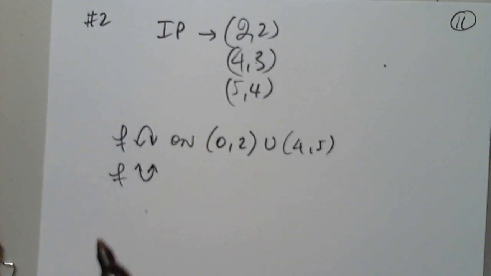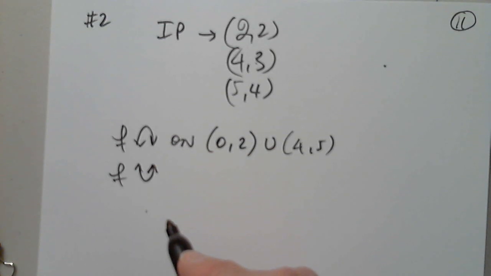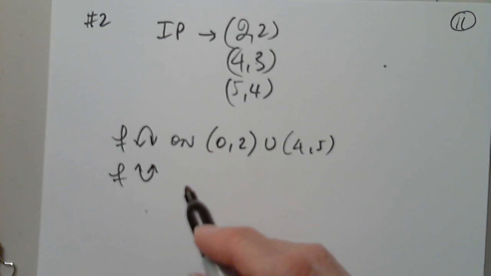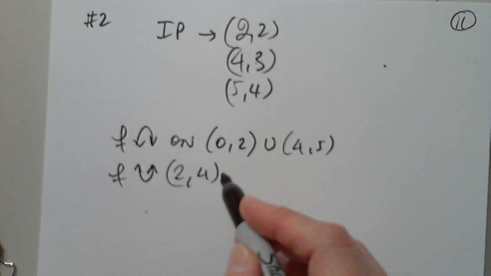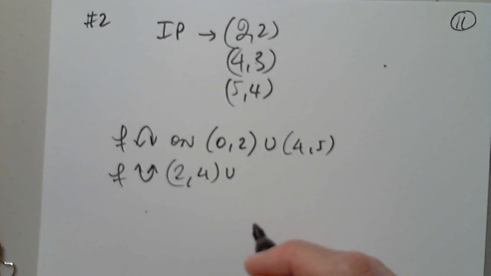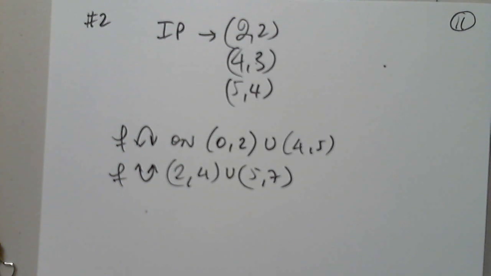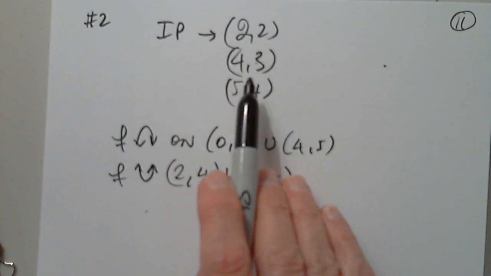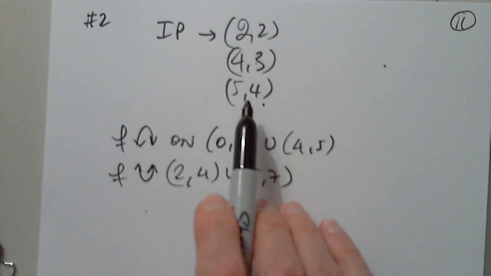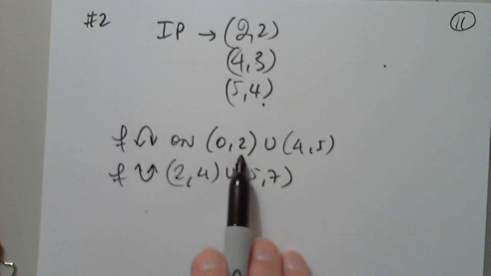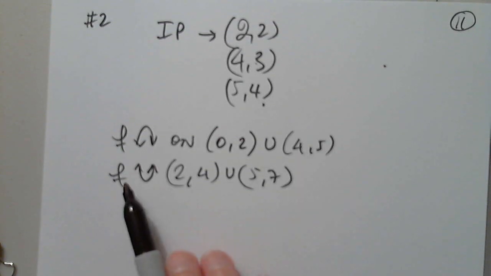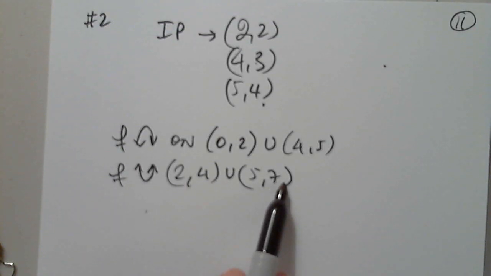And it holds water on 2 to 4 union 5 to 7. So let's see. Inflection points 2, 2, 4, 3, 5, 4. Concave downward on 0, 2 union 4, 5. And concave upward on 2, 4, 5, 7.